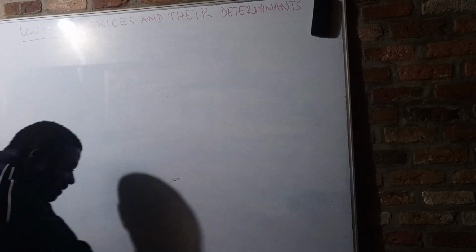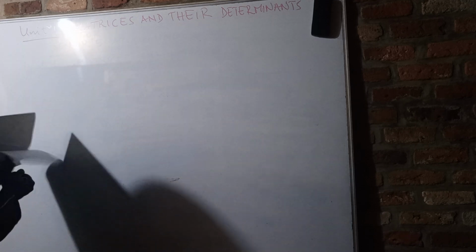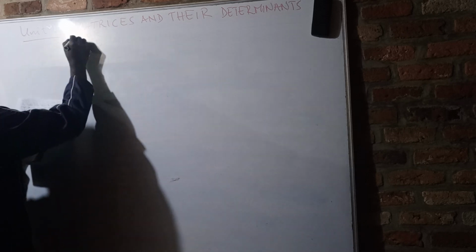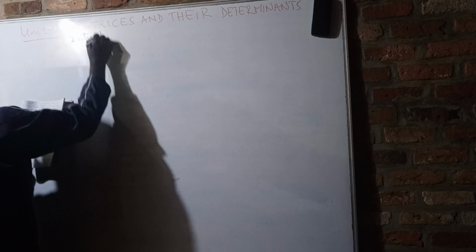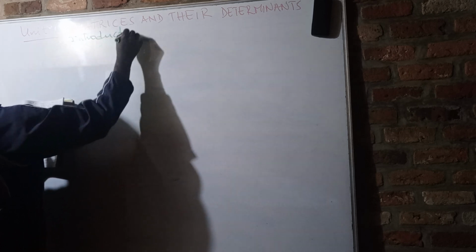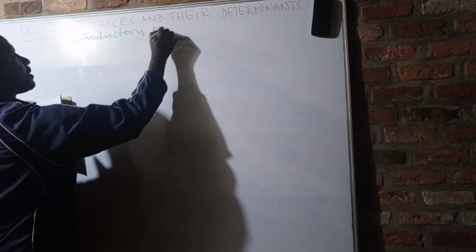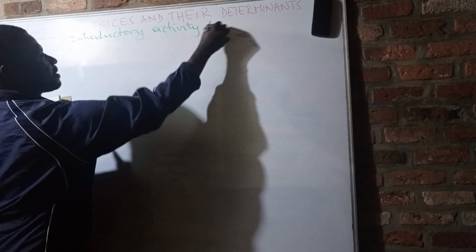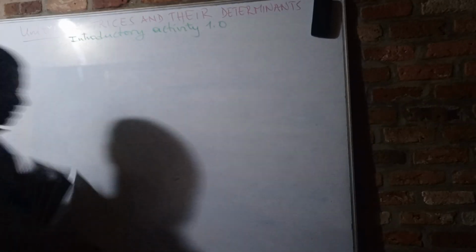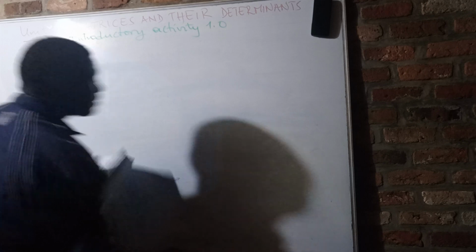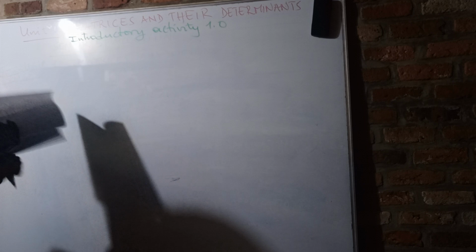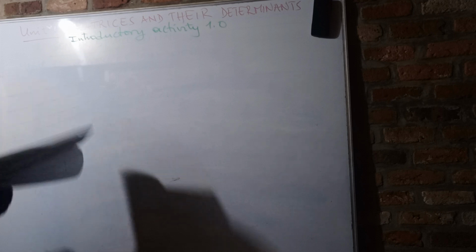So here I think this color, introductory activity. And this is like 1.0. And then what it is all about is about the following problem. Let me just do it.